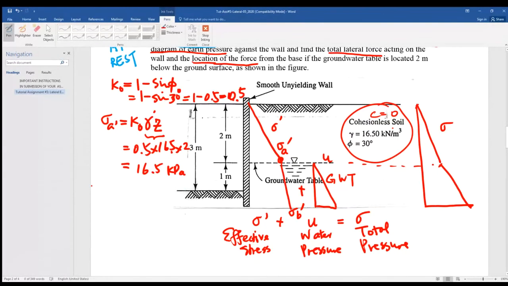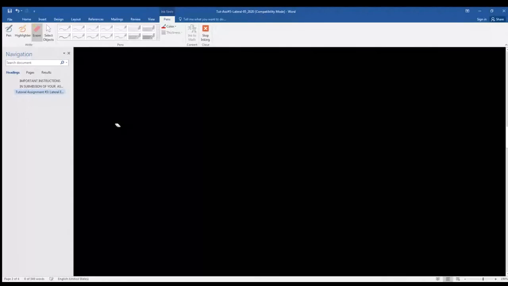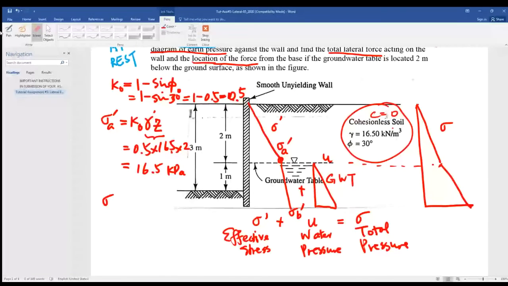Okay. Now what about sigma B dash? K naught. Now effective stress, so you use what?